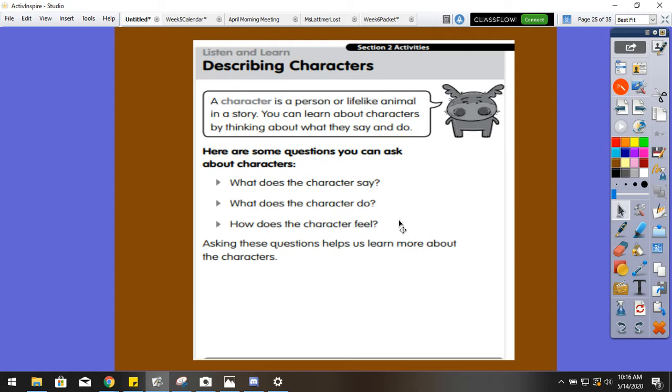How does the character feel? If we answer these questions, it can tell us what the character is like. So the character can be nice, they can be mean, they can be silly, they can be sneaky, all different types of ways we can describe a character.